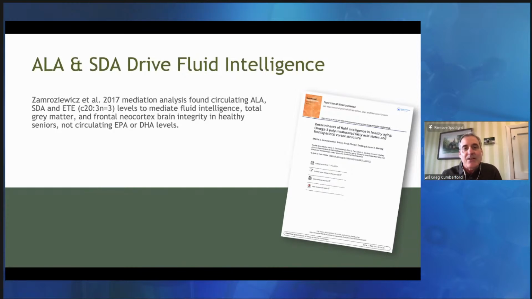This was a study carried out at the University of Illinois, where they found that in healthy seniors, it wasn't a dietary intervention study, it was actually looking at their MRI brain scans, and they were looking at correlations to fluid intelligence, and they found that circulating ALA and SDA and the metabolite ETA, eicosatetraenoic acid, were what mediated fluid intelligence and total gray matter and frontal neocortex brain integrity in healthy seniors, but not circulating EPA or DHA levels.